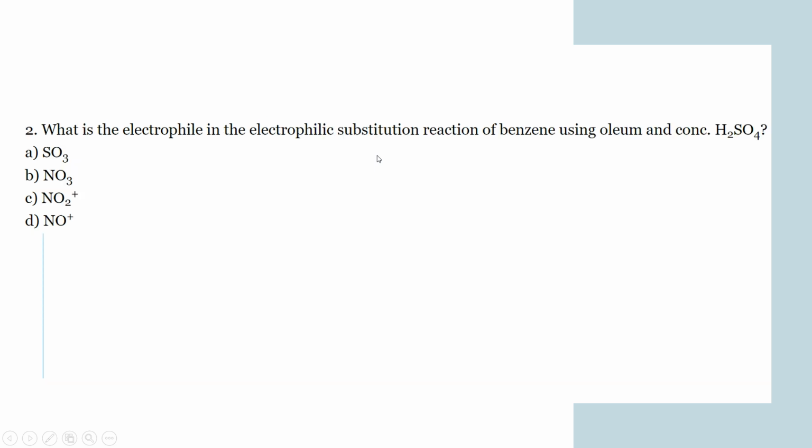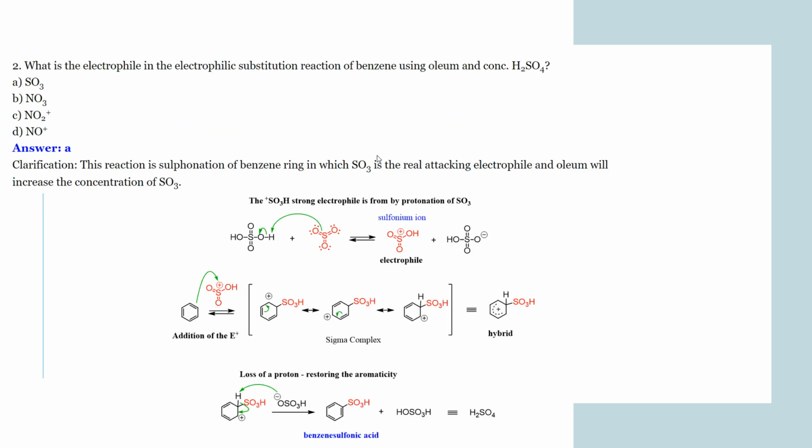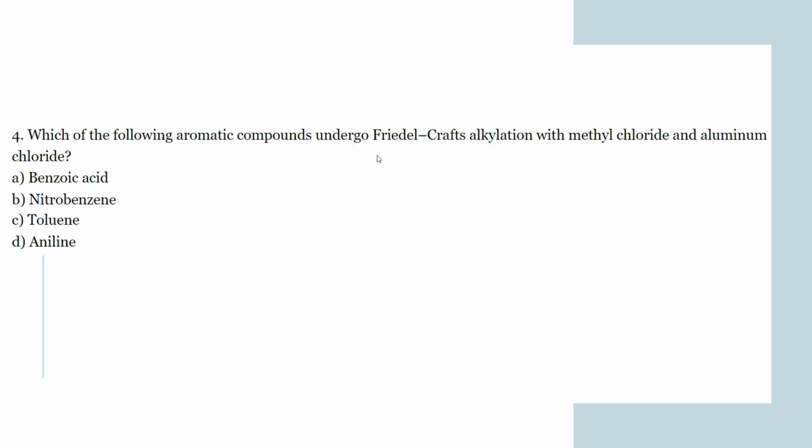In the next question, we talked about the electrophile generated in the reaction condition where we are given oleum and concentrated H2SO4. We went through the mechanism of sulfonation and we saw how SO3 is generated as the electrophile here. So answer A was the correct one.